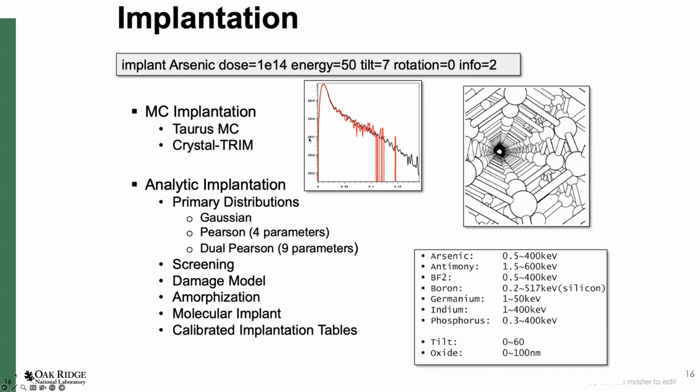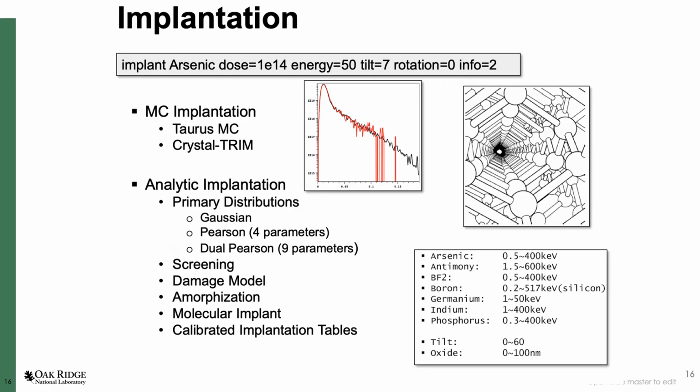You can have a good agreement between analytical models, simple analytical models that describe an implant. These are parametric, so they're based on data, and they have different distributions. Just a Gaussian or more complex distributions like Pearson, Joint Pearson, which you have to look up in the literature.